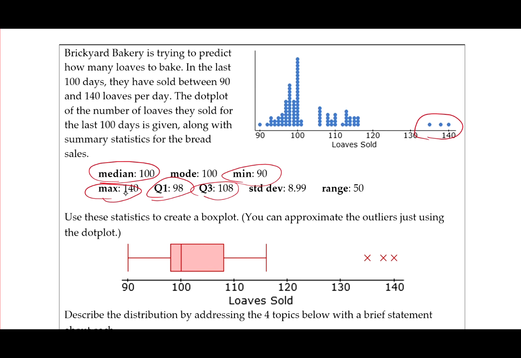The box ends at Q3, which is 108. And then the right whisker ends at the last data value that is not an outlier, which is one of these data values right here in this stack of 3, which looks like it's at about maybe 116.